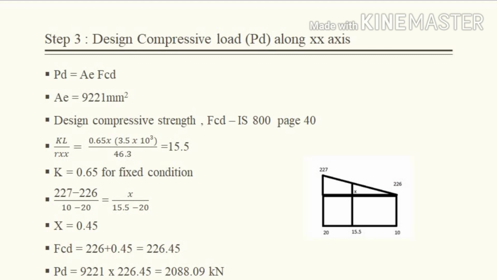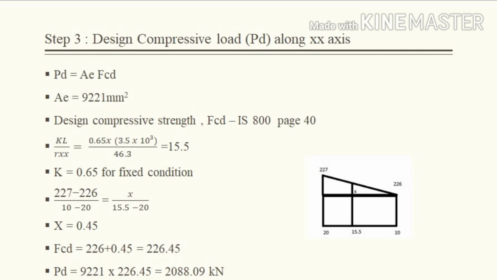So in the table we have only the values of 10, 20, 30, etc. So we have to interpolate to get the value corresponding to 15.5. For that we have to draw like this: 10, 20, and the value corresponding to 10 is 226 and 20 is 227. So we have to find out this x.